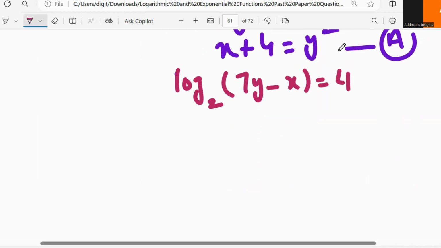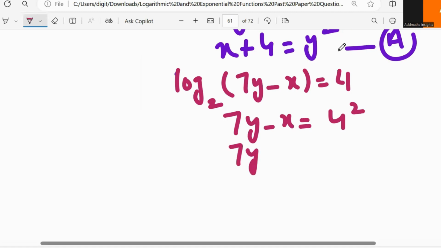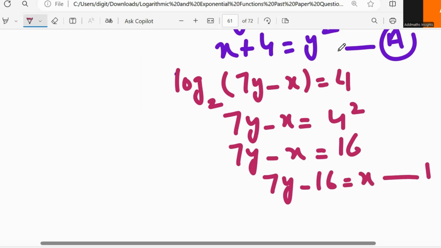Now you can apply the laws of logarithms and change into exponential form and can write 7y - x is equal to 4 squared. And this is how you get 7y - x is equal to 16. And you can make x the subject of the formula and can write 7y - 16 is x.